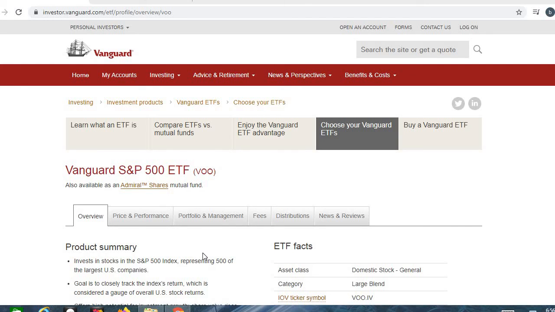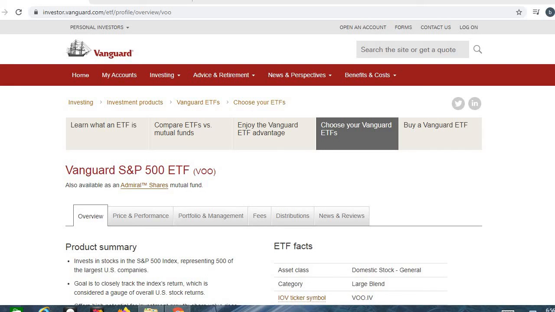Today I will talk about the Vanguard S&P 500 index fund. It is one of the widely used index funds for the beginner investor, and it is a very diversified index fund. This exchange traded fund invests in stocks in the S&P 500 index, representing 500 of the largest US companies.